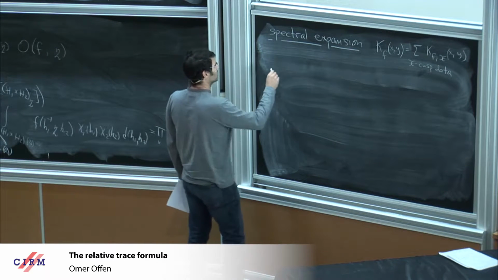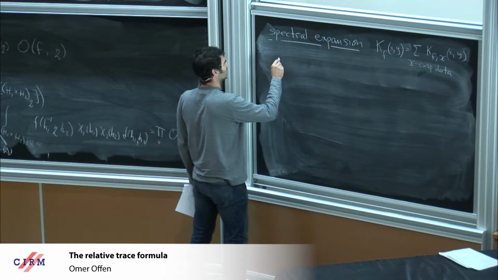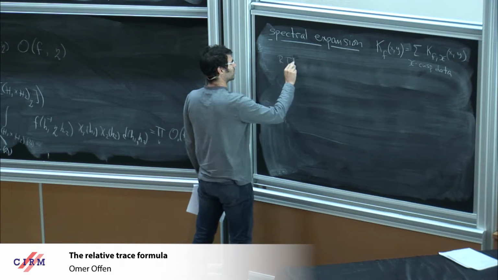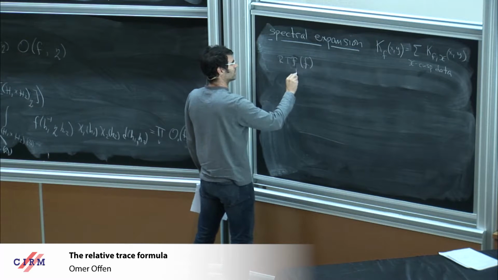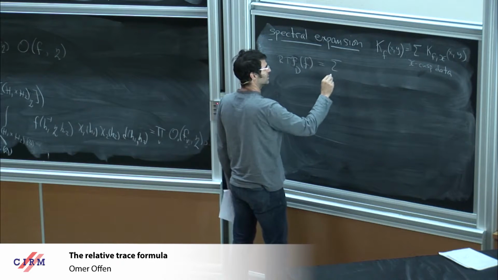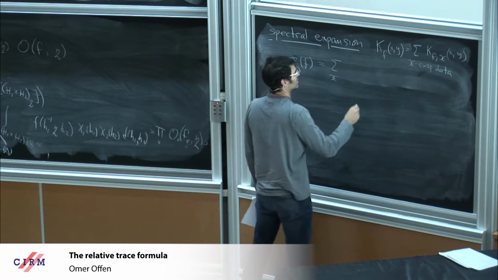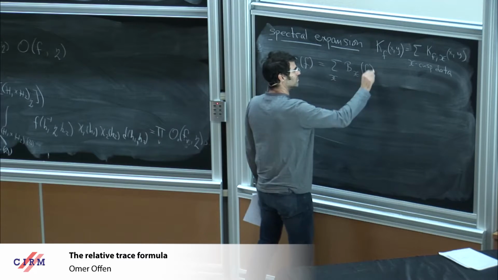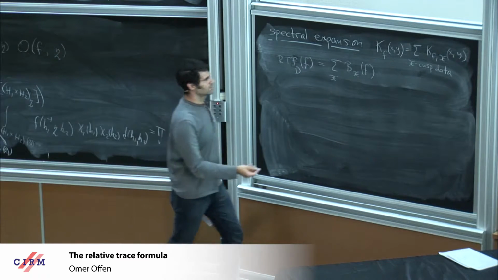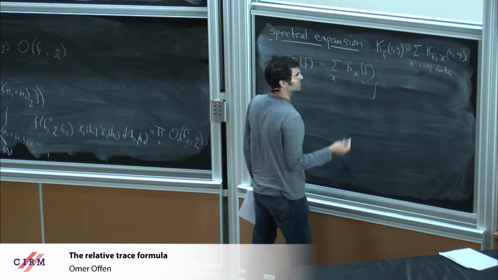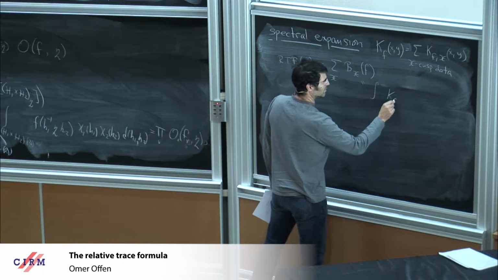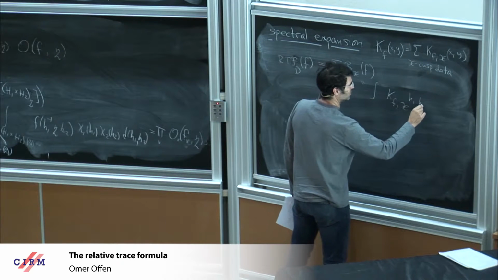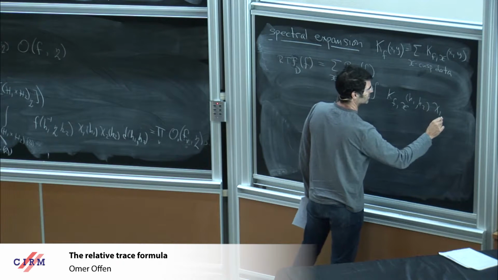Okay, so formally, we just have that the relative trace formula at f can be expanded along cuspidal data by some distributions, where of course this distribution is just the integral of the chi component in H1 and H2 against the character.